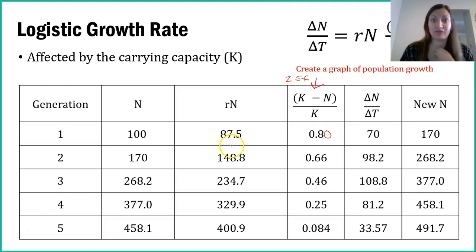Draw the logistic growth line. Draw this population. You already have the same generations. Your first data point, generation 1 with 100 individuals, is the same. But you're going to notice generations 2 through 5 are different. And you can very easily compare, even though you have more or less the same population, how logistic growth really changes that growth within this population.